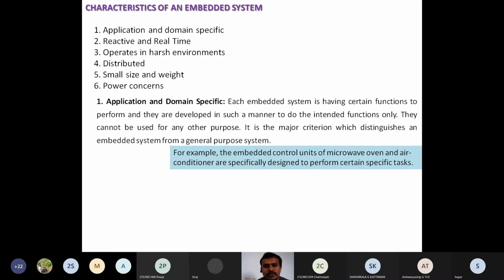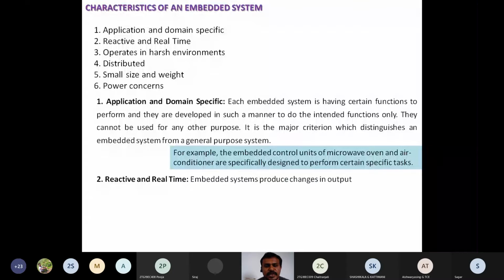They won't do other tasks except what they are designed for. So this is a characteristic of an embedded system, and it appears in the difference between general purpose and embedded systems. Then it comes to reactive and real time.